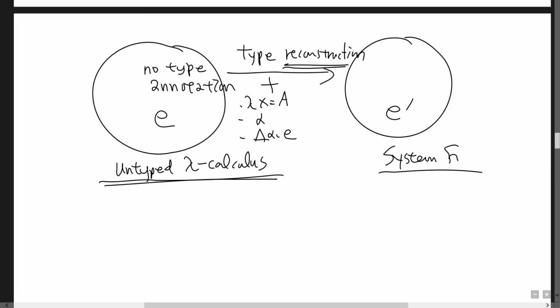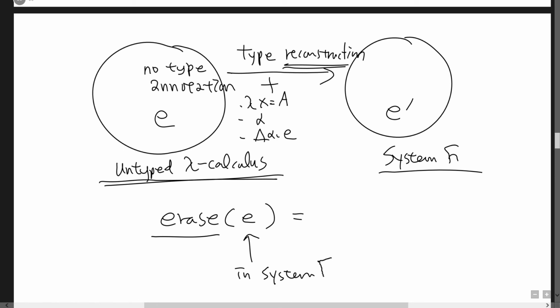And to formalize the connection, we could introduce an eraser function. This eraser function takes an expression in system F, let's say this E prime, and it returns an expression E in untyped lambda calculus.